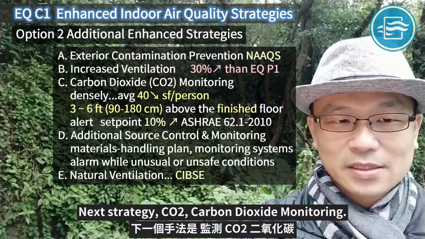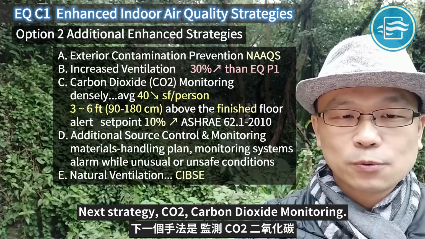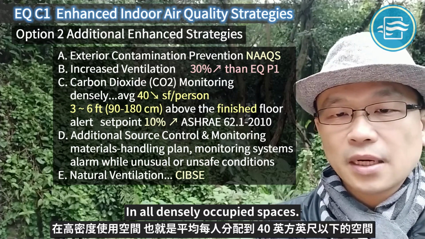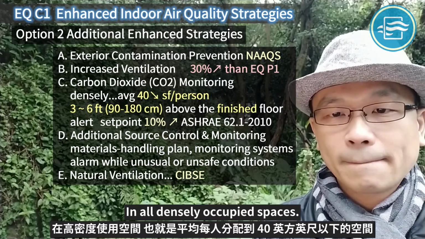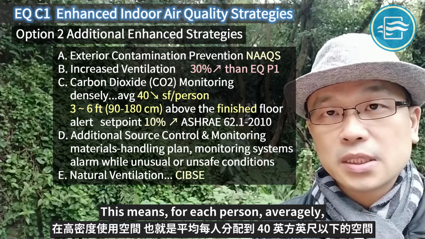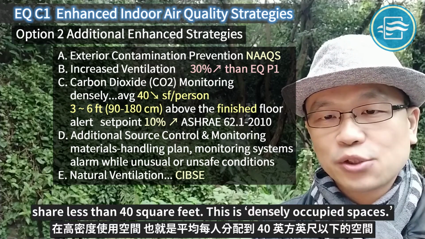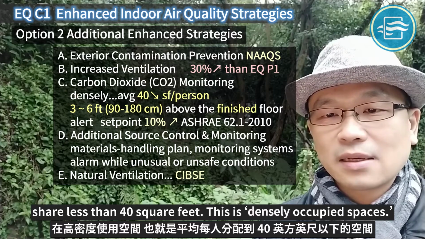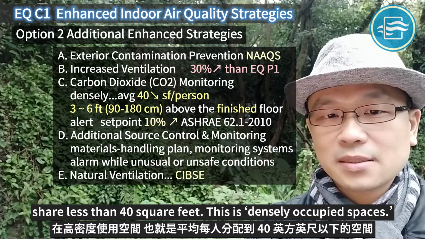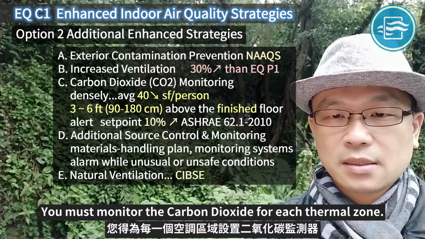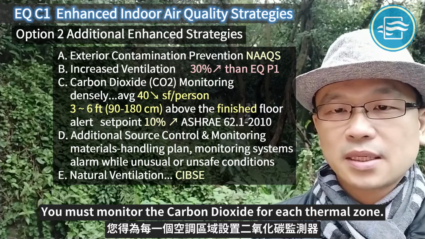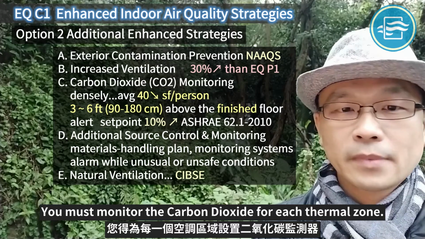Okay, next strategy, CO2, carbon dioxide monitoring in all densely occupied spaces. This means each person, on average, shares less than 40 square feet. This is a densely occupied space. You must monitor the carbon dioxide for each thermal zone.